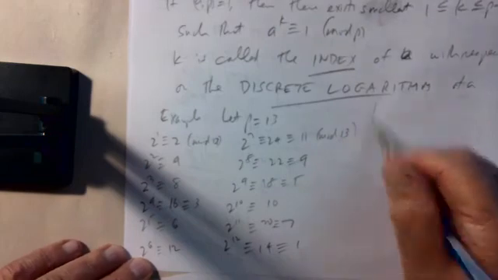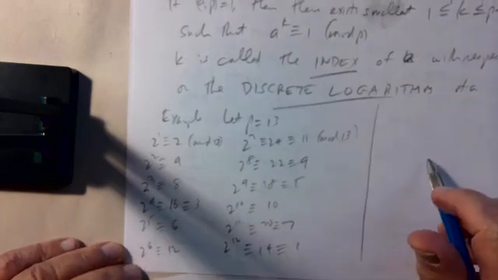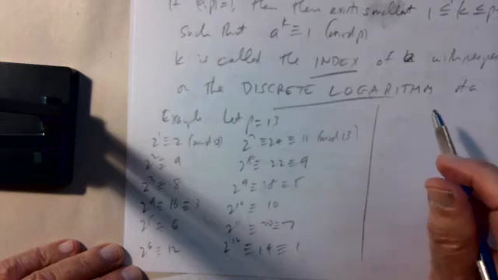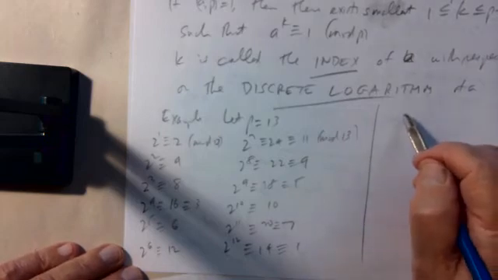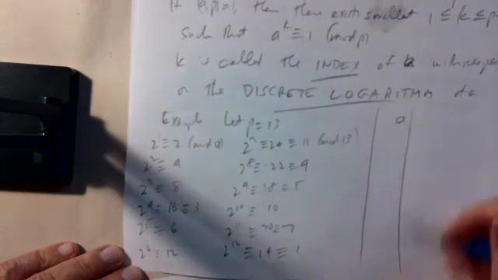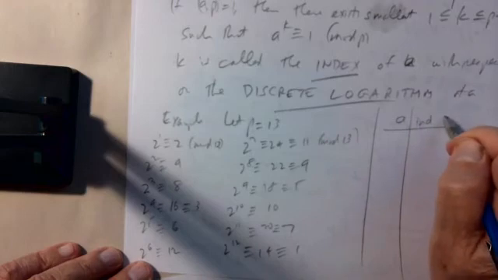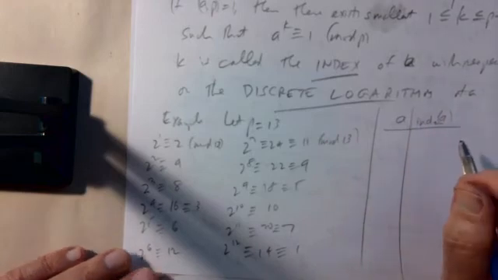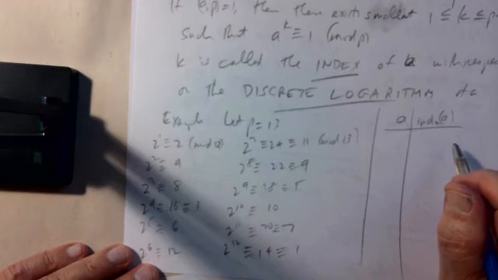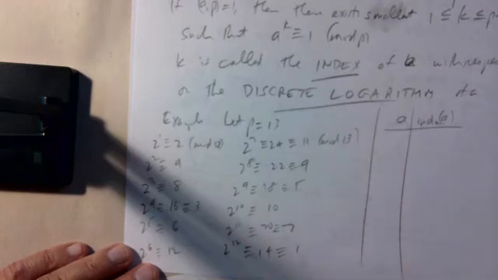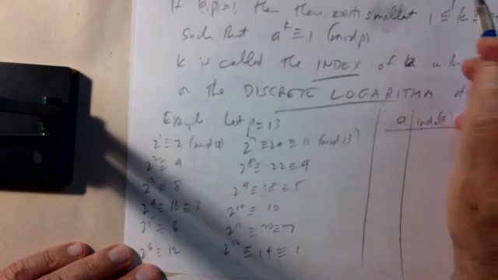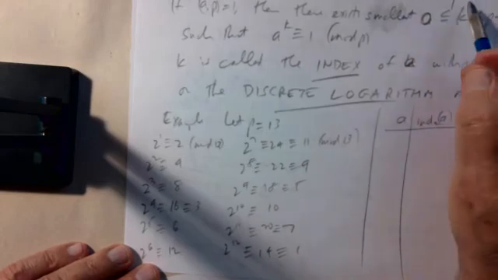And to find the logarithm or the index, we can make the following table. For every integer a from 1 to 12, I want to know the index of a with respect to the primitive root 2. The smallest k can be 0, of course, because a to the 0 is 1.